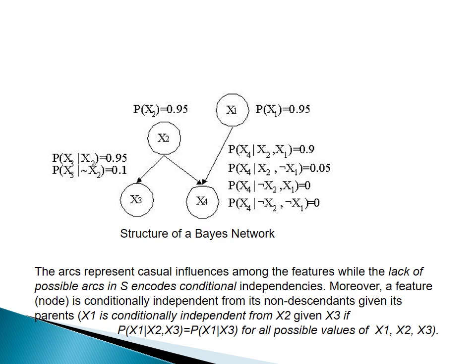Moreover, a feature node is conditionally independent from its non-descendants given its parents. x1 is conditionally independent from x2 given x3 if P of x1 given x2, x3 equals P of x1 given x3 for all possible values of x1, x2, x3. So this is the conclusion we have given here.